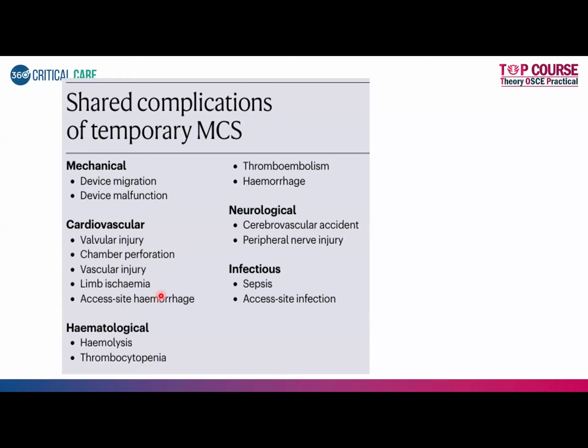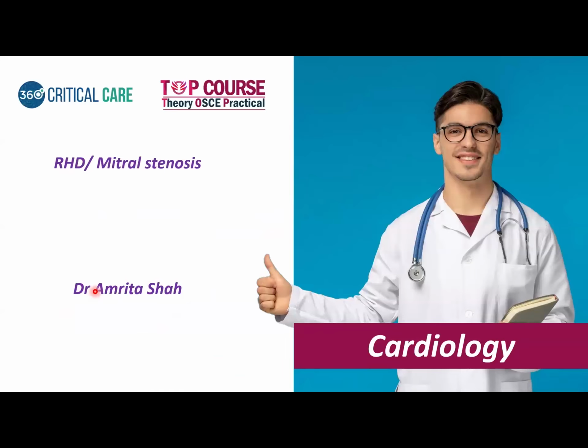In case of IABP, you can have a balloon rupture, hematological hemolysis, thrombocytopenia, thromboembolism, hemorrhage, cerebrovascular accident, peripheral nerve injury, infection like sepsis, and access site infection.